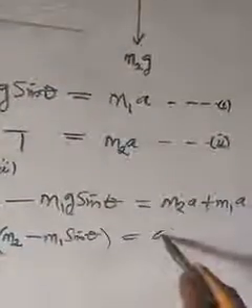If you look at this, G, the acceleration due to gravity, is common. We can factorize it. We have G times (M2 minus M1 sine theta), we close the bracket, equals to, if you look at these two, also acceleration is common. That would be A times (M2 plus M1).